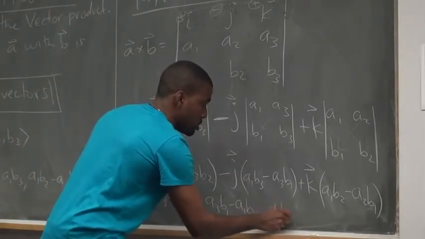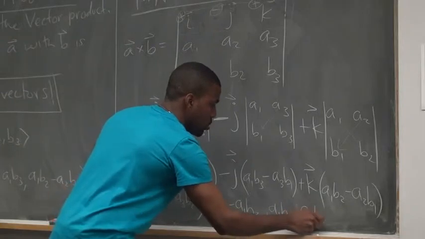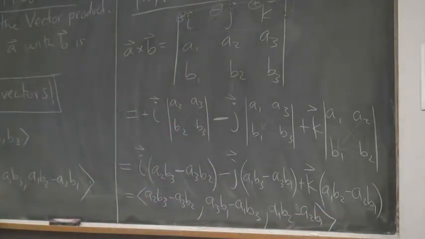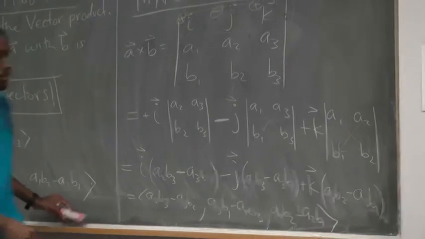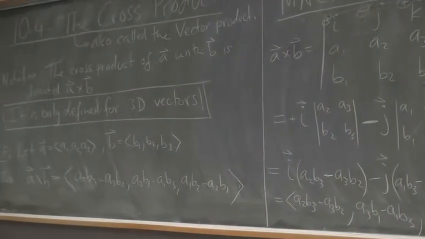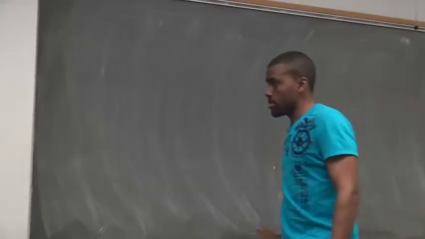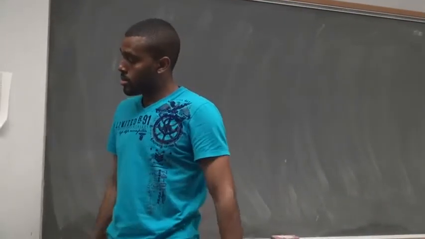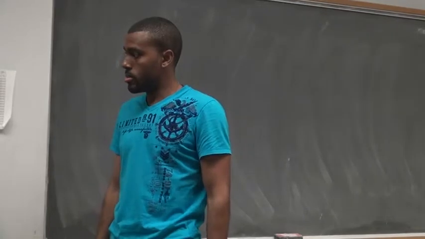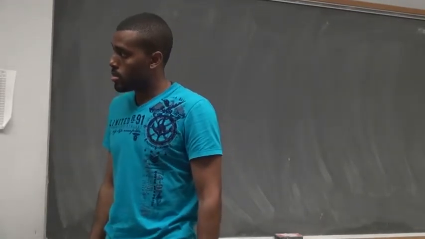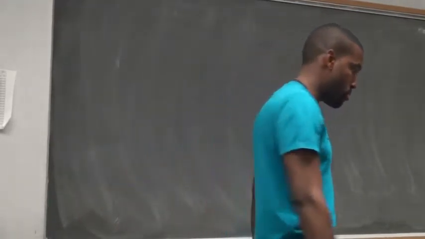Plus A1, B2 minus A2, B1, which is this guy. Okay, that's a mnemonic to memorize the cross product.